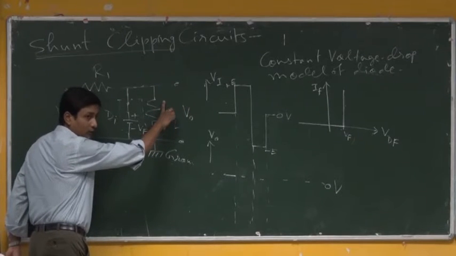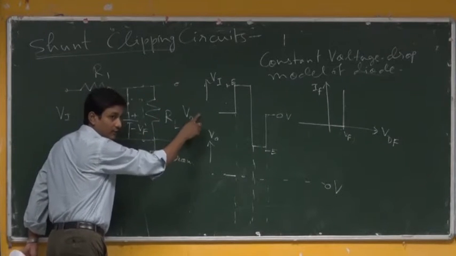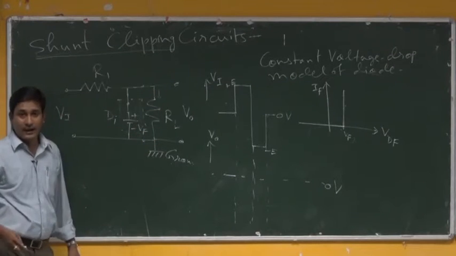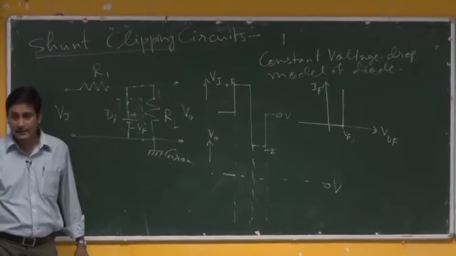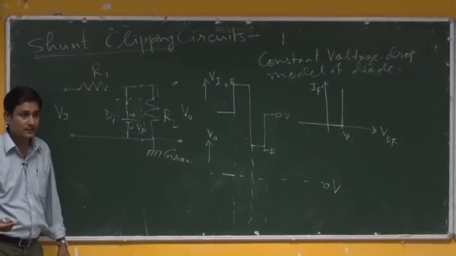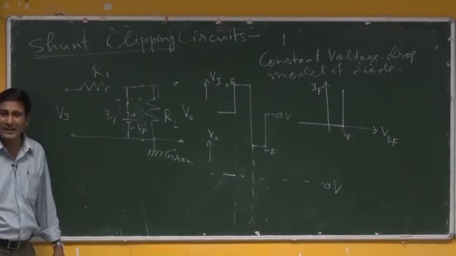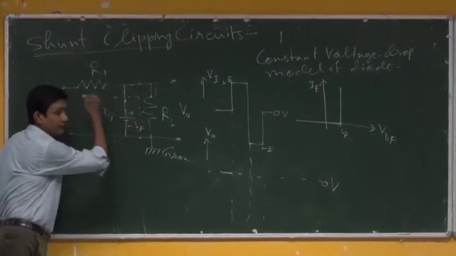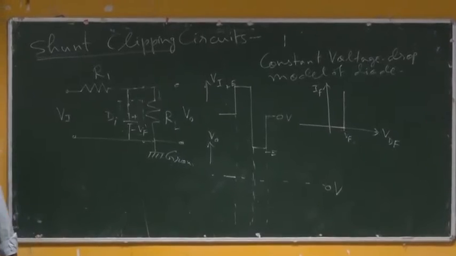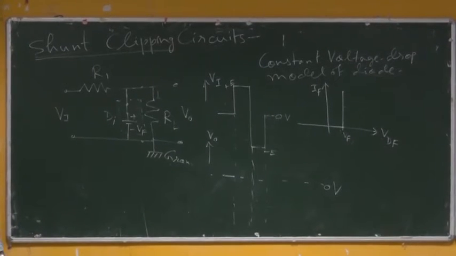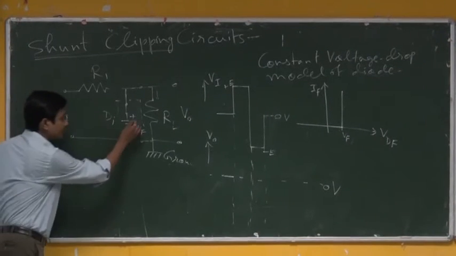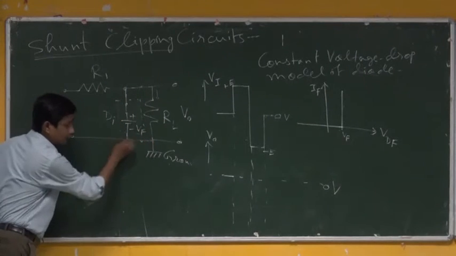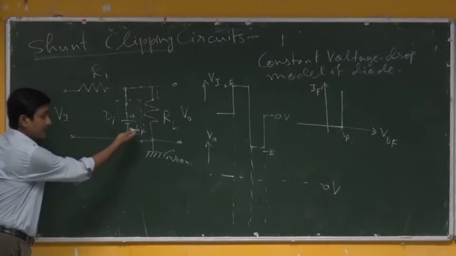If this is the voltage applied across this load which has gone as output V0, that means if I know the current through RL and the value of RL, then I can say how much voltage it is. But why should I know RL and also the current through it if I know the VF value? Because for the diode I have considered, I know that VF value. If this is VF, what is the potential here with respect to this ground 0? Obviously VF.